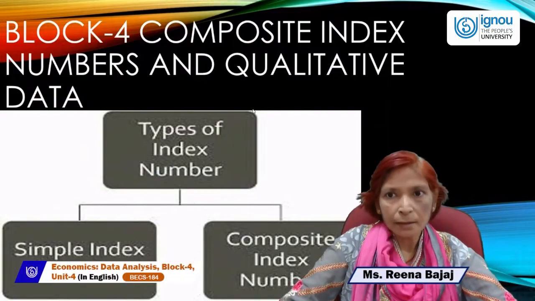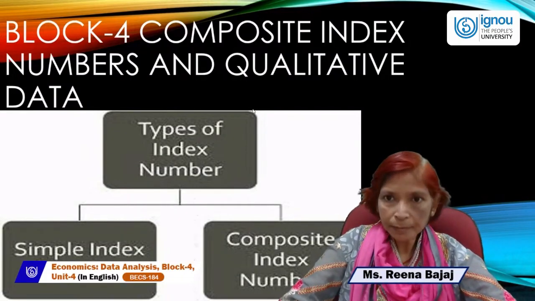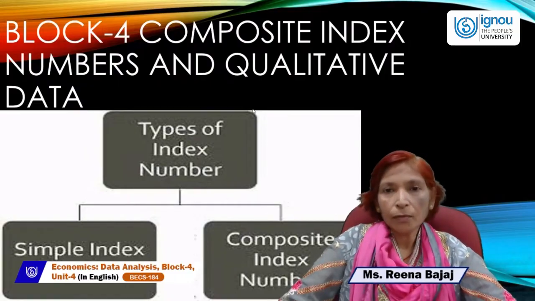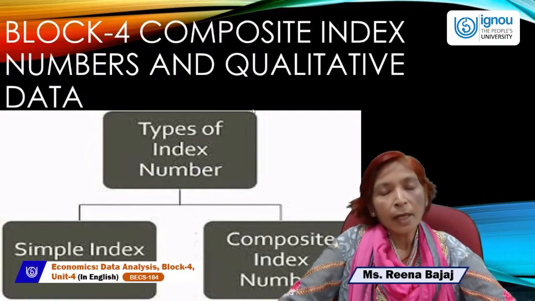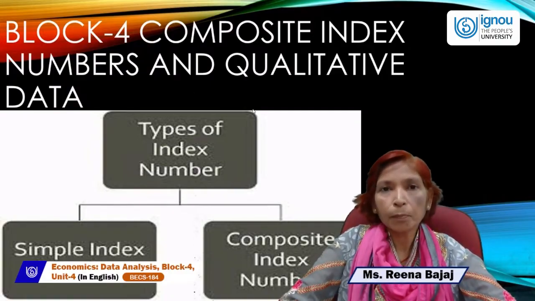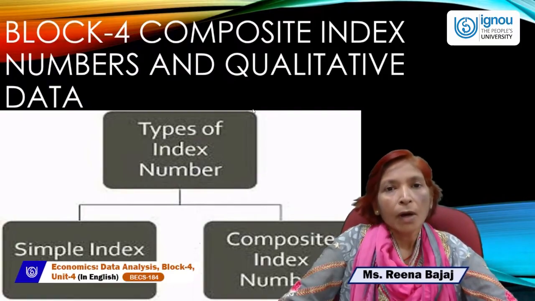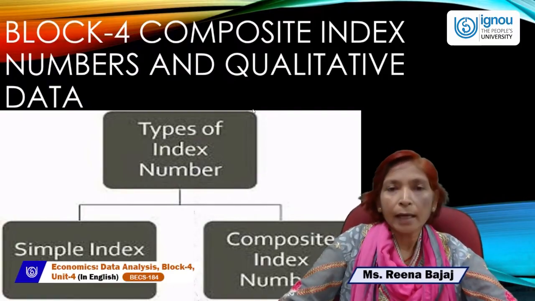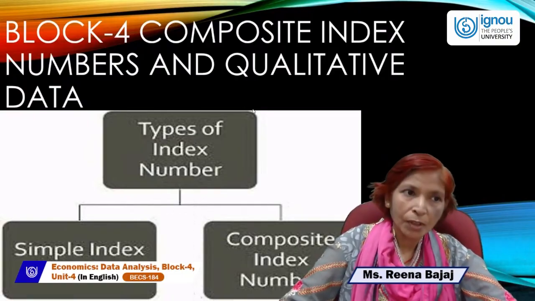In this topic, first of all, we will discuss index number, then what are the various types of index number, then what is the meaning of composite index number and how we can analyze the qualitative data.